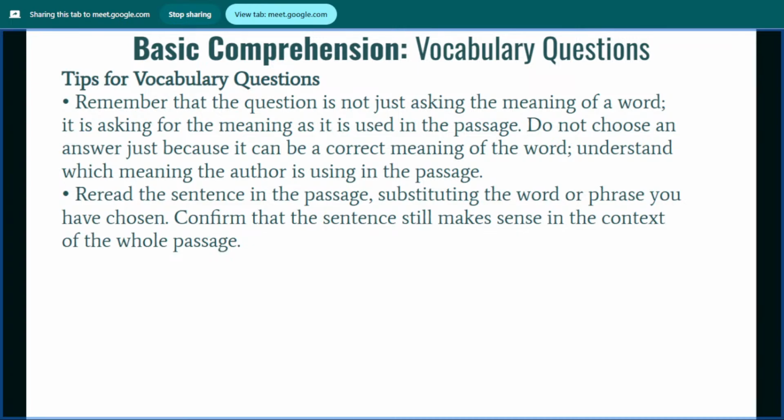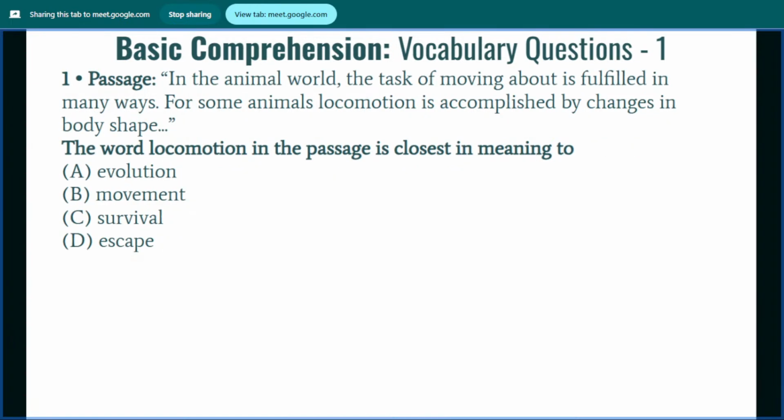Okay, don't just select the meaning of the word because you just feel that's the closest its meaning to. Okay, don't just do that. Make sure when you select it, you are able to substitute the word in the phrase also. Understood? Yes, ma'am. Okay, let's quickly try doing this exercise. We have done this exercise before, but let's try doing it again.